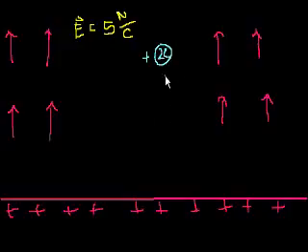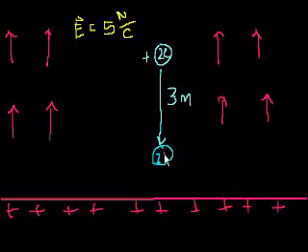How much work does it take to move that 2 coulomb charge, I don't know, 3 meters within this field? So we're going to start here and we're going to move it down towards the plate 3 meters, and its ending position is going to be right here. That's where it is when it's done.